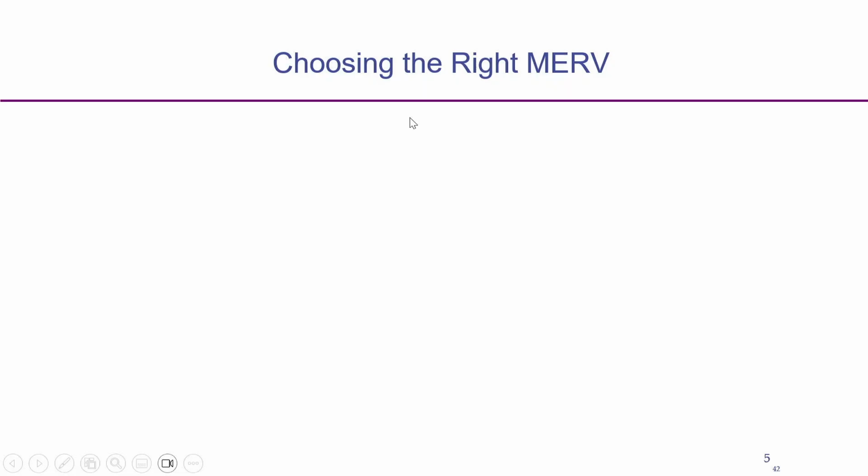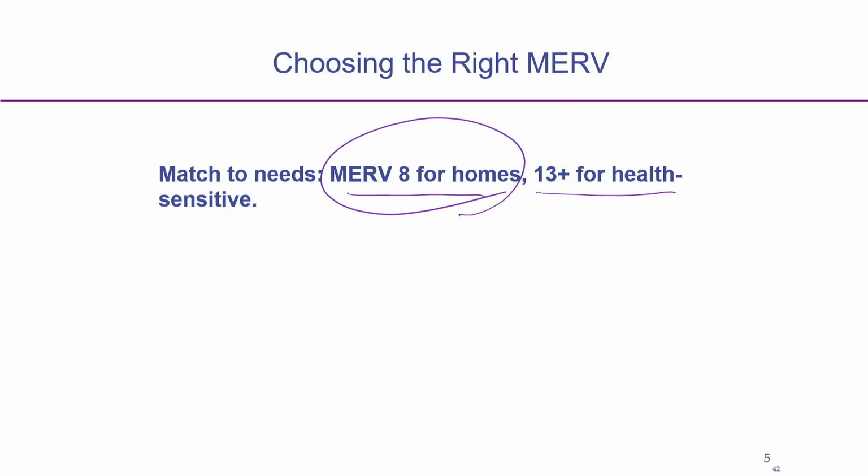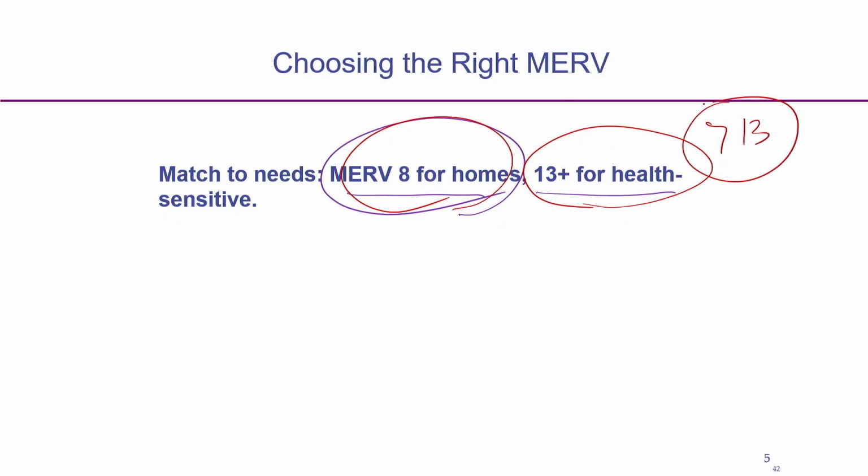Now, let us see how to choose the right MERV. We have to match the need. MERV 8 for home and 13 plus for health services. For home we go for MERV rating 8, and for hospitals, or someone going to a hospital or clean room, in those cases we should go for anything above 13, but here we have to keep the airflow requirement in mind.